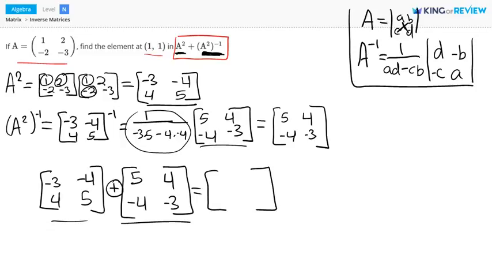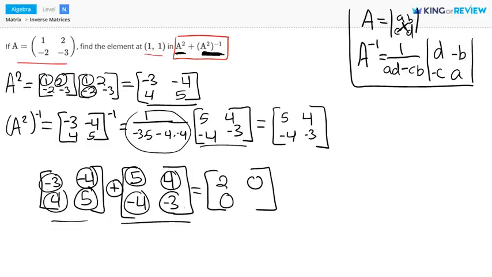And we're going to add corresponding entries, so the entries that are in the same position. So we have negative 3 plus 5, that gives us 2. Negative 4 plus 4, that's 0. 4 plus negative 4, that's 0. And 5 plus negative 3, that gives us 2.